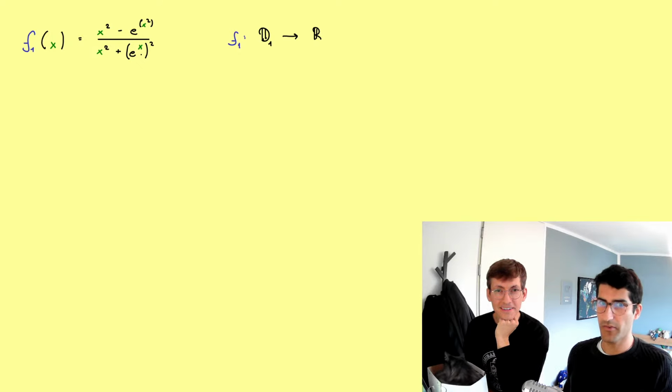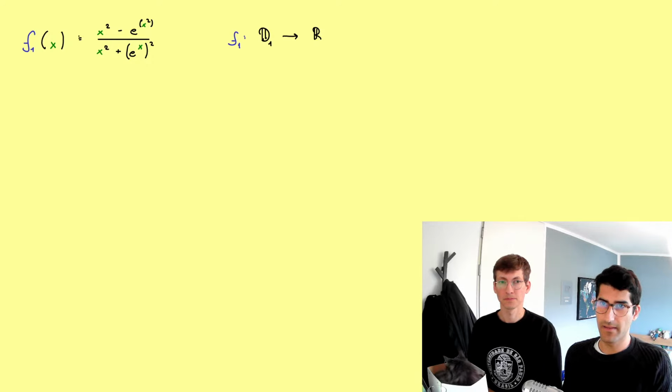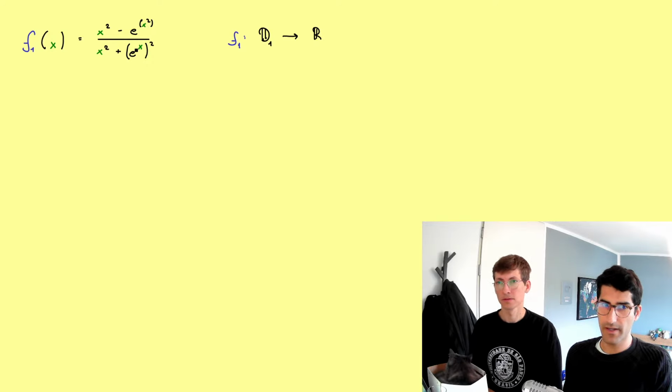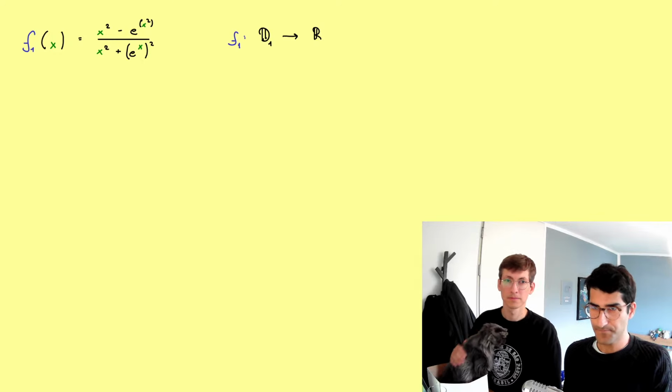So we do not divide by 0 here. One could think, okay, maybe one problem would be if we plug in x equals 0. Then this first summand here in the denominator would be 0, but e to the 0 is 1 again, so this won't happen.